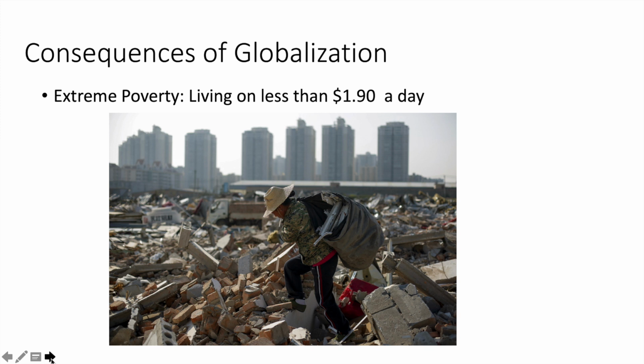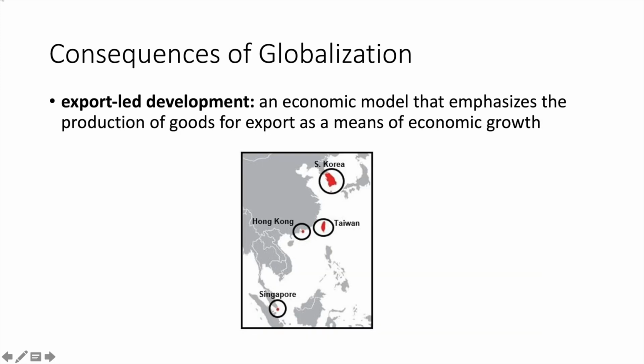Consequences of globalization. One of the problems is that some countries face extreme poverty. The positive is that over the years, globalization has helped lift countries out of extreme poverty, and the number is actually going down. One benefit of globalization would be export-led development.